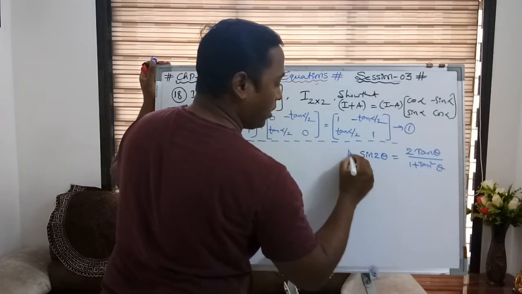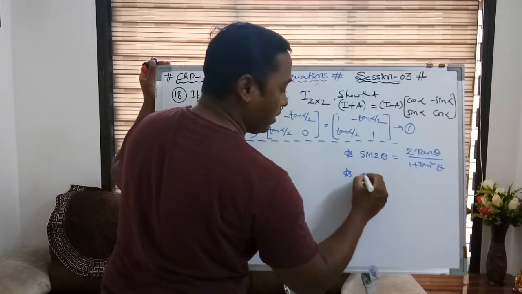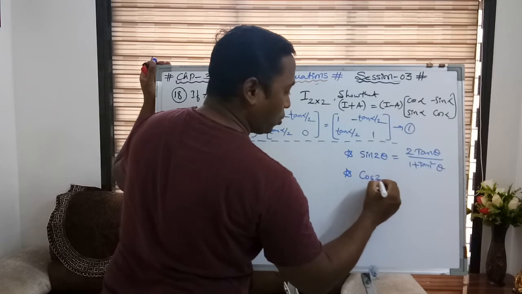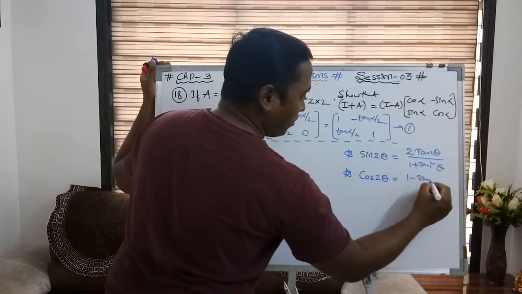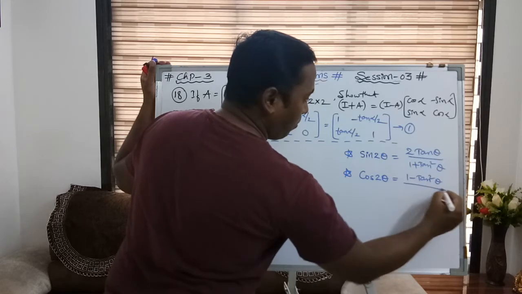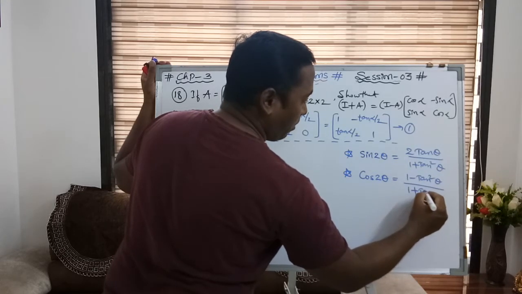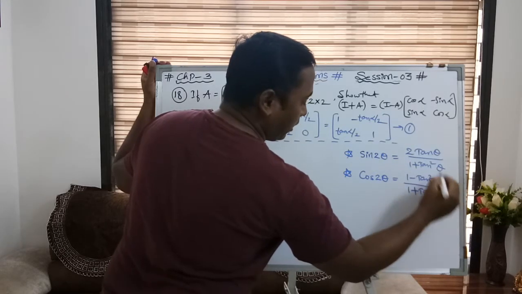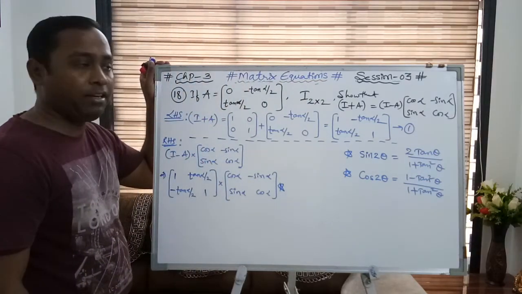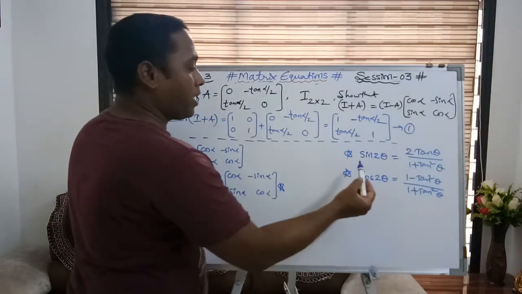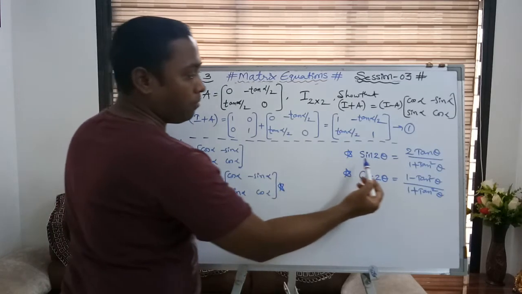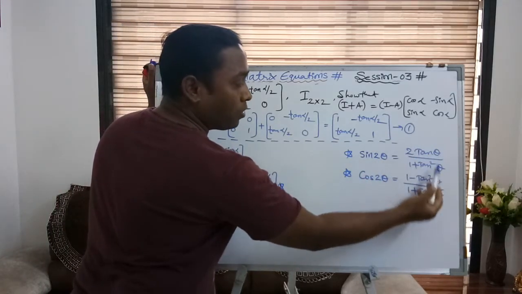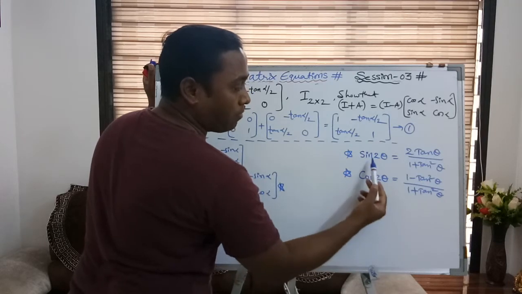This is one important formula we have already discussed. So cos 2 theta can be written as 1 minus tan square theta by 1 plus tan square theta.